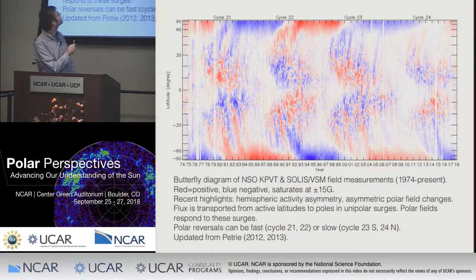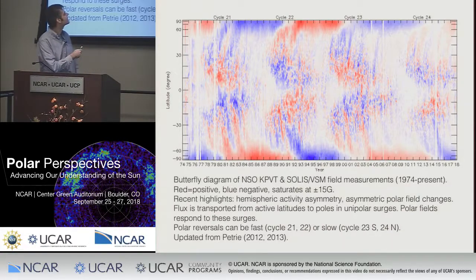So here, blue means negative in cycle 21, the north. The northern dispersed flux had a preferentially negative polarity. And this, of course, brought about a very large change in the polar field, bringing about its reversal from its previous positive polarity to negative.